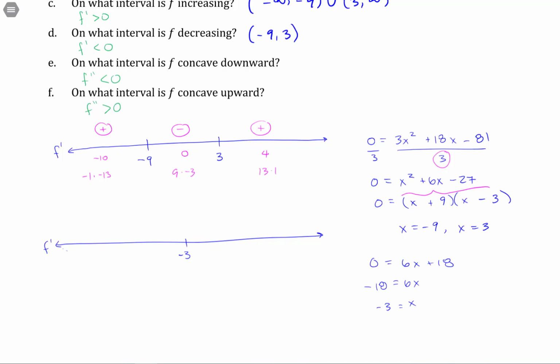And the test is the same. So -4 is on this interval, 0 is over here on this interval, and if I put -4 into my second derivative, 6 times -4 would be -24, plus 18 would be -6, so we're negative here. Plugging in 0, 6 times 0 is 0, plus 18 is a positive value.